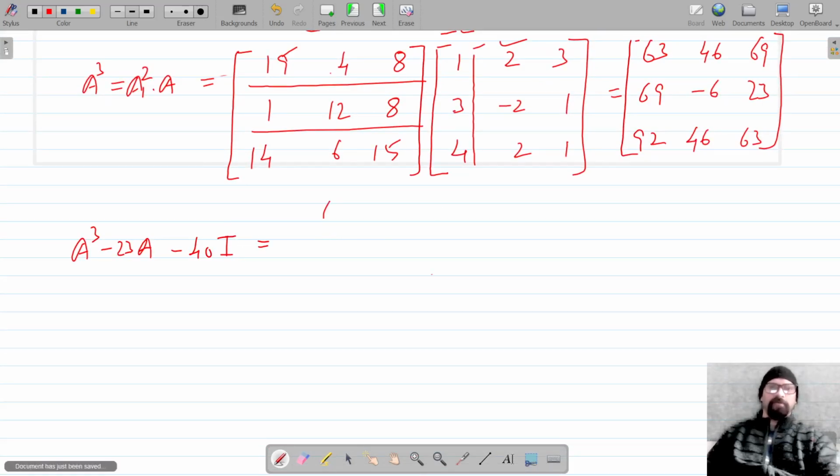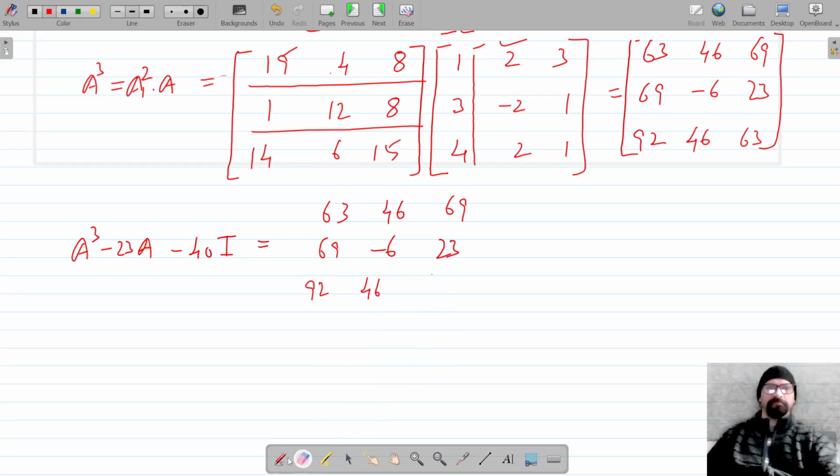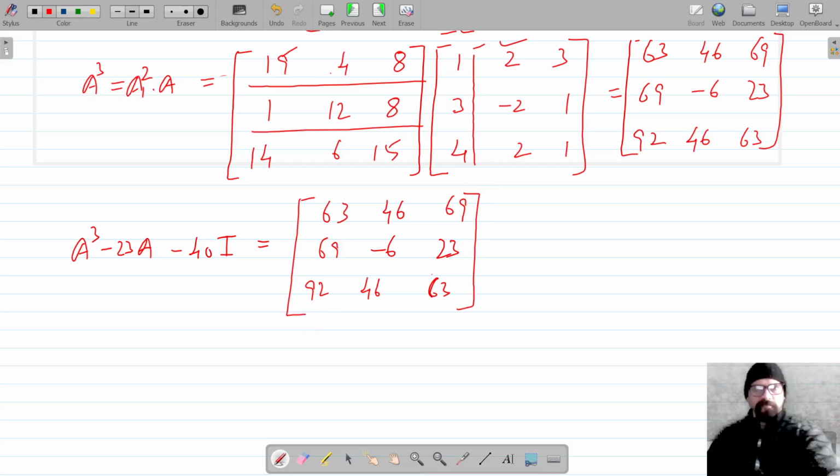Okay, so A cube is 63, 46, 69, 69, negative 6, 23, 92, 46, 63.